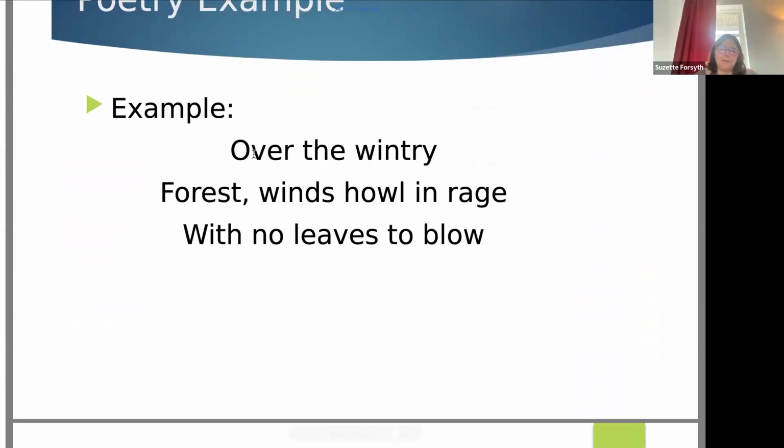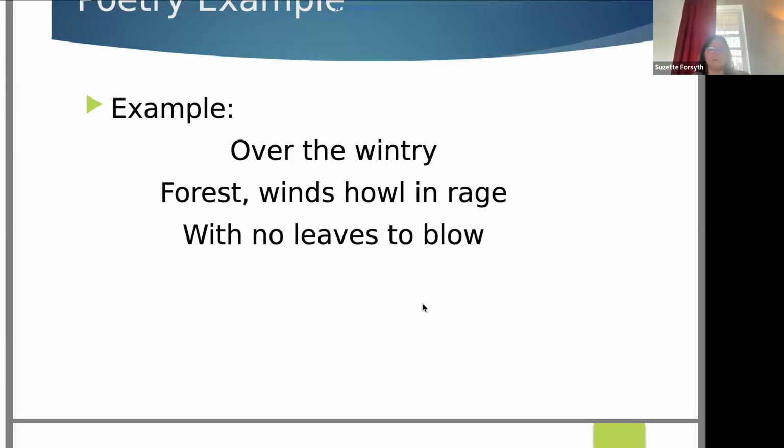Here's an example of just a few lines of poetry. Over the wintry forest, winds howl in rage with no leaves to blow. So this is like a haiku here. Usually there's a combination of something to do with nature and then something to do with humans.